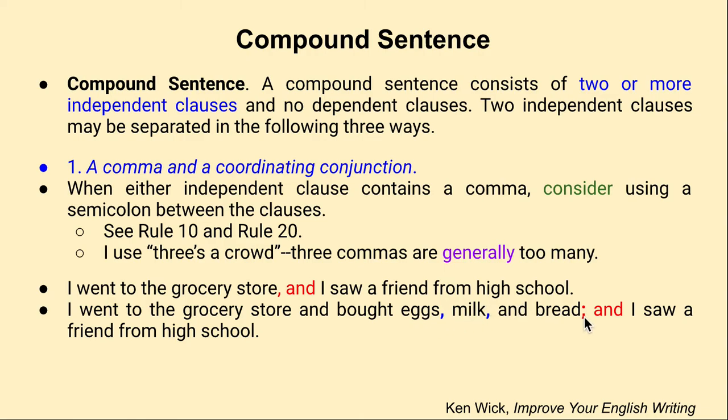So when you get to this comma, you're not too sure if you're separating another item in the series or if you're actually starting a new independent clause that is going to follow. So since there's too many commas, you can use a semicolon. So those are the two patterns. Here are two patterns for separating compound sentences.